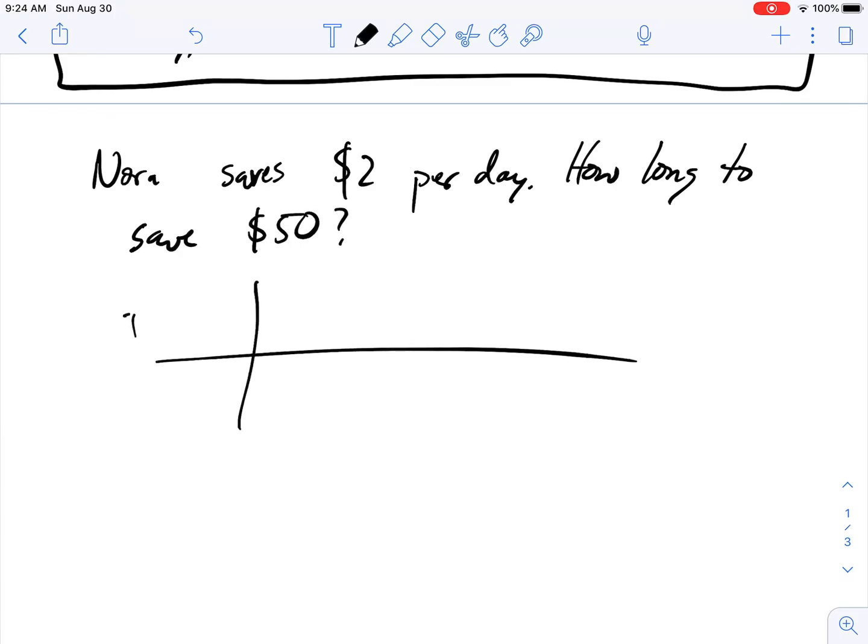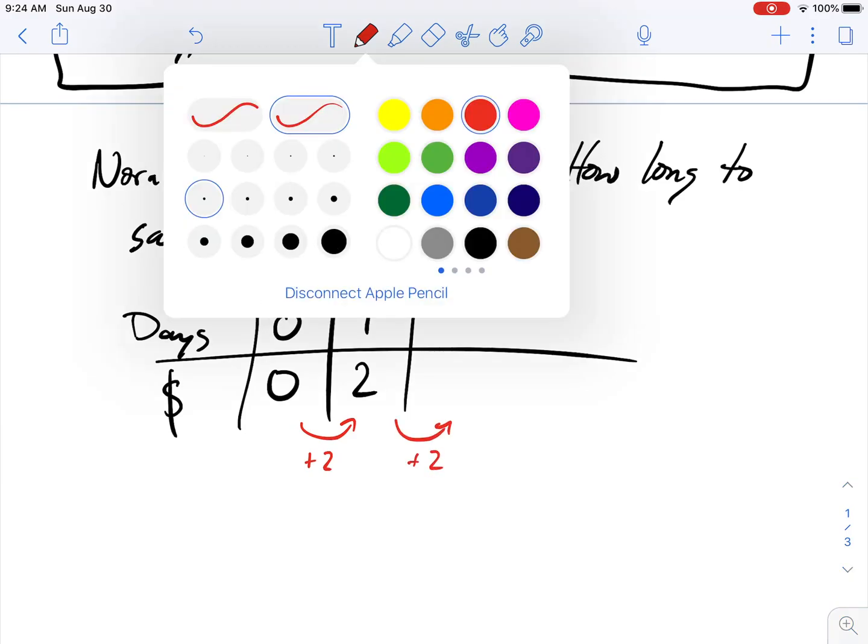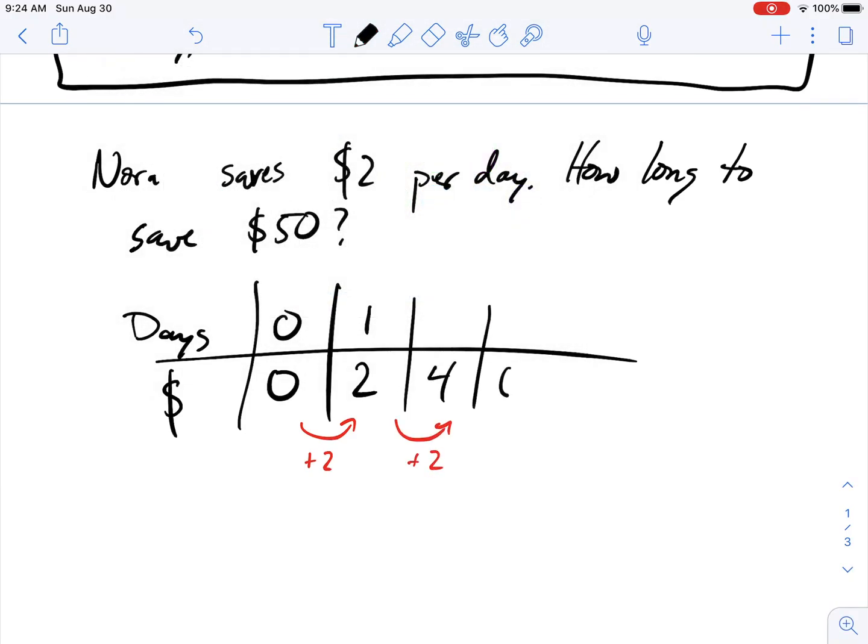So again, we have days, we have money. On day 0, she has no money. On day 1, she saved $2, right? And we're asking about 50. Now you can count all the way up to 50. You might notice that this is going to be plus 2. So it's going to be 4. So you can count until you get to 50.